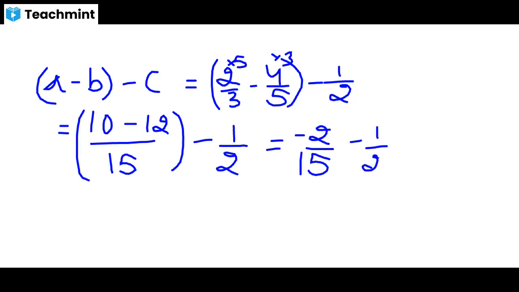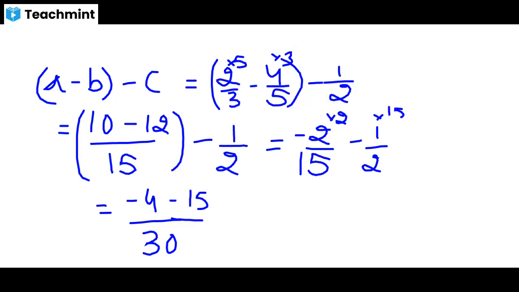Now again if you take LCM of 2 and 15, what you get? LCM you get it as 30. So this you are multiplying with 2 and here you are multiplying with 15. So this is minus 4 and this is minus 15.